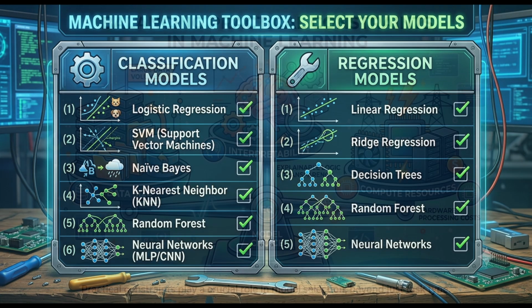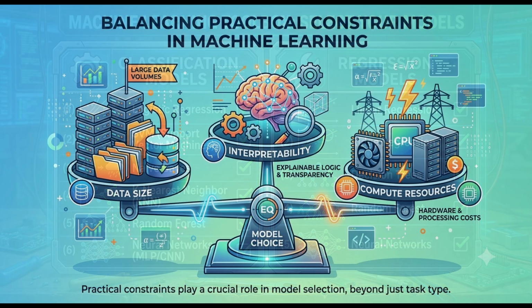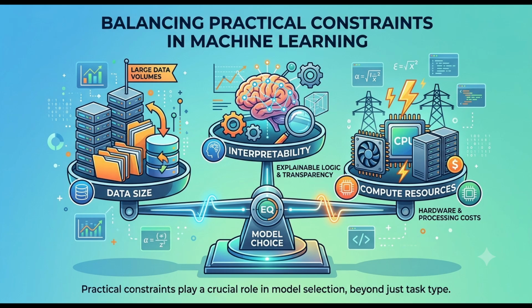But the task type isn't the only thing that matters. You also need to think about how much data you actually have, how much you need to be able to explain the model's decisions. This matters a lot in fields like healthcare or finance, and how much computing power you're working with.